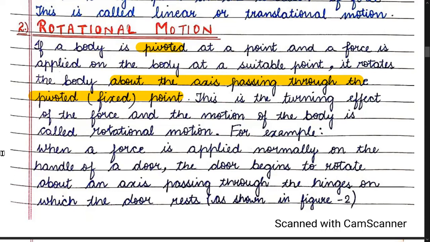And what is that axis? That axis must be passing through the pivoted point. This is known as the turning effect of the force, and the motion of the body is called rotational motion.